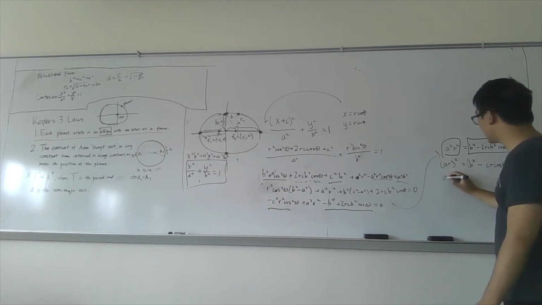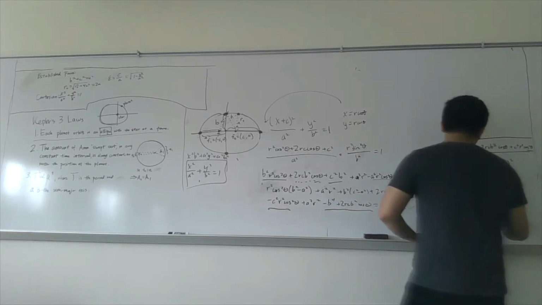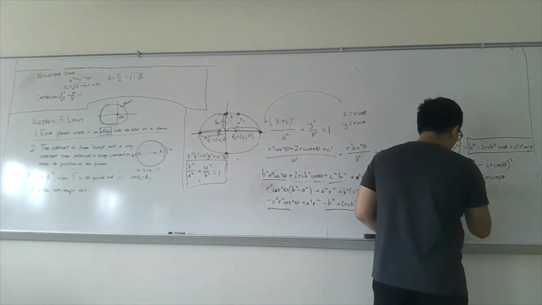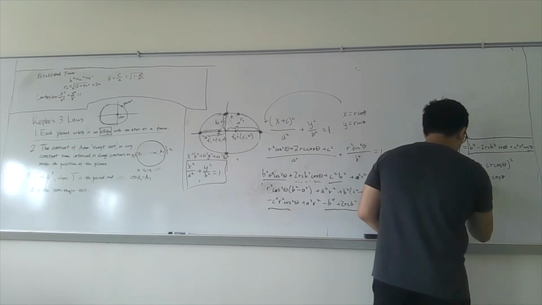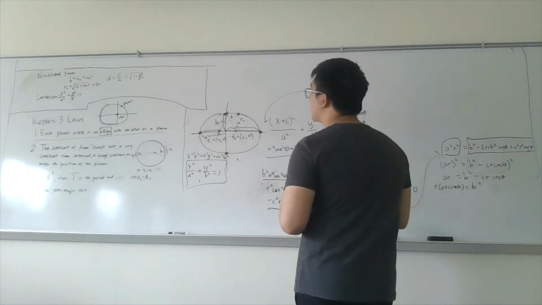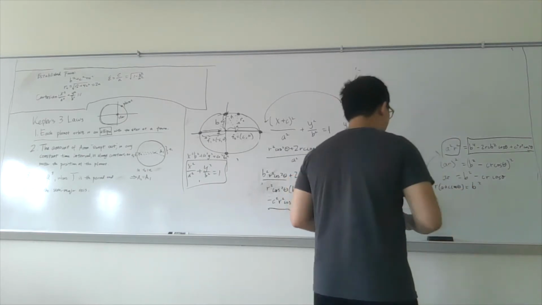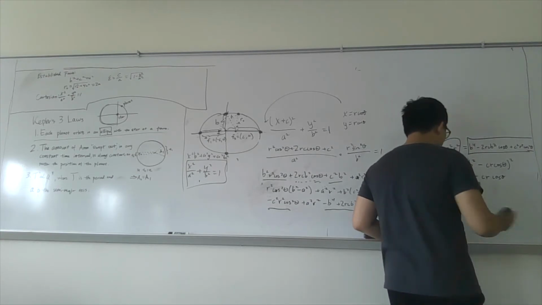So again, we can just square root both sides, and we get this, which is very much nicer. So we're going to bring all the terms that have r in it over to the left-hand side. Now, here we go.